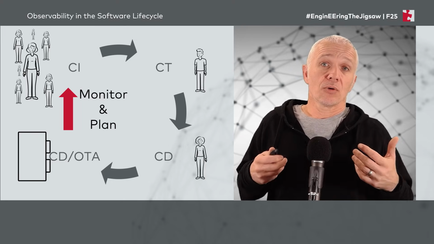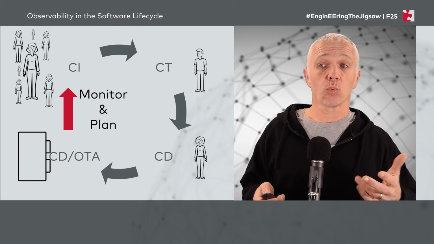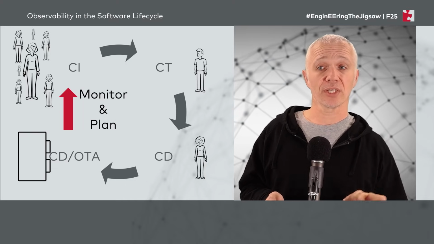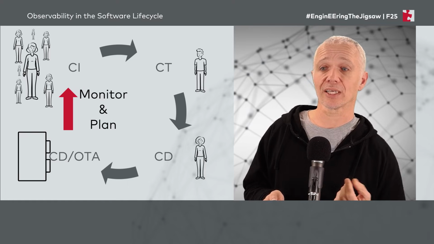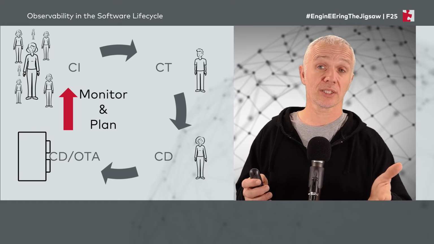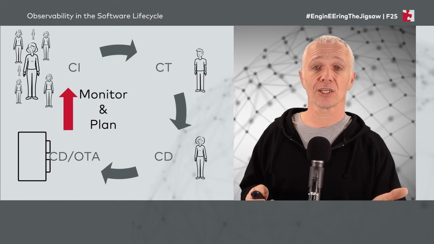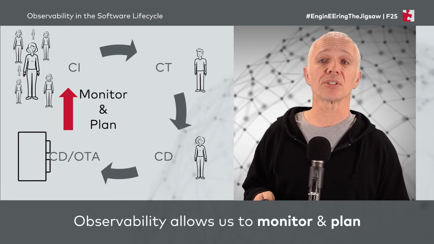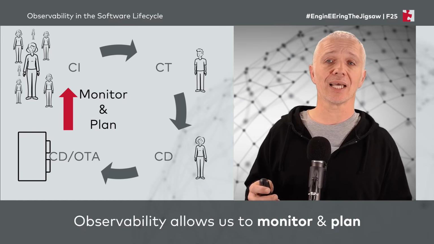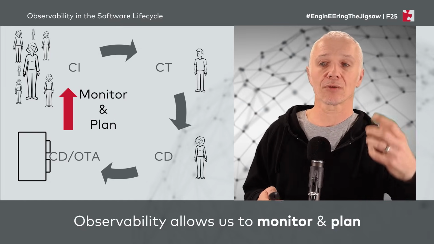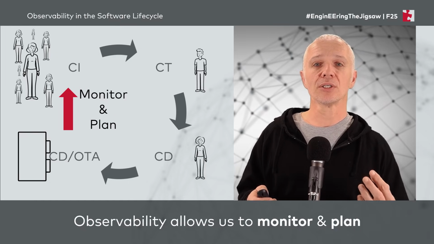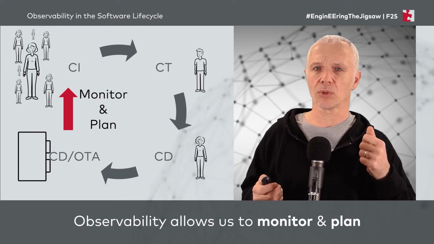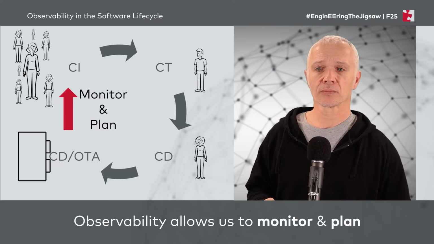So we should mention at this point, SOVD is one way that we can achieve a level of observability through retrieving logs and traces, through subscribing to cyclic data or retrieving fault data and other data on demand. So observability is something we covered in episodes F22 and F23 very recently. And it's the observability that allows us to monitor and plan what we're going to do next, to be organized, as part of our culture of improvement, we want to do this. And we'll come back to culture, really important.